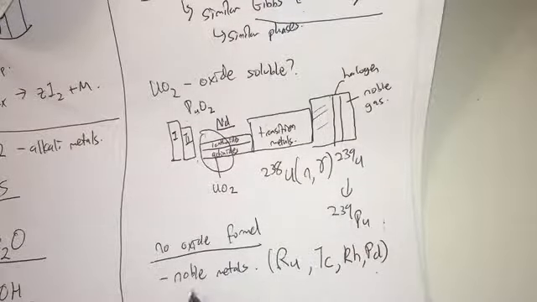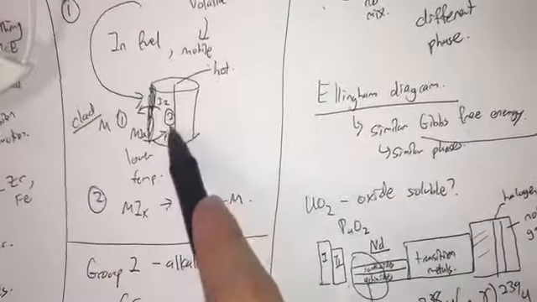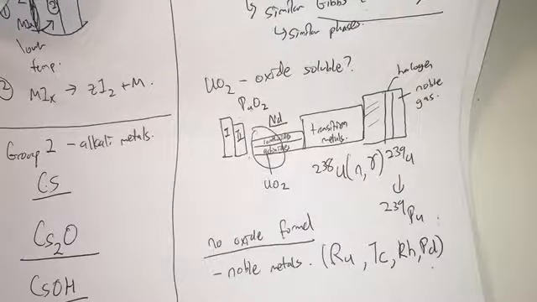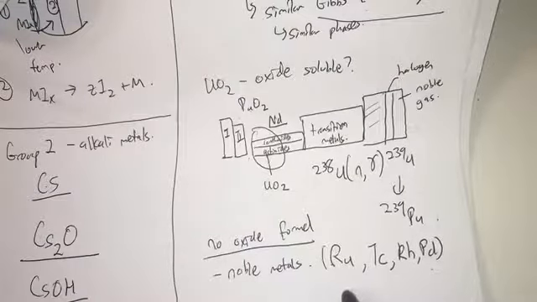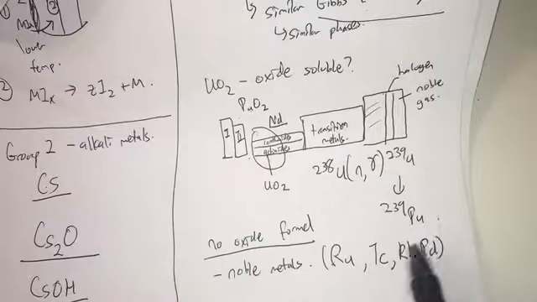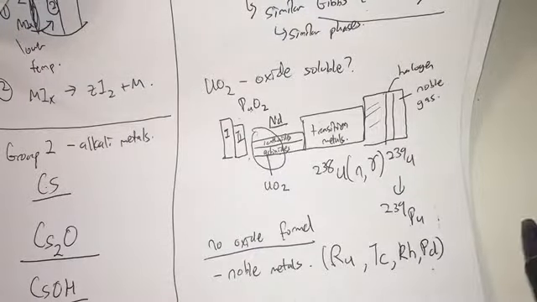They will form metals inside the fuel pellet. These guys prefer to exist as metals. So yes, it can oxidize, but it tends to try and stay on its own. And sometimes molybdenum is also included here, because molybdenum is not that reactive, but reactive enough to get oxidized sometimes.